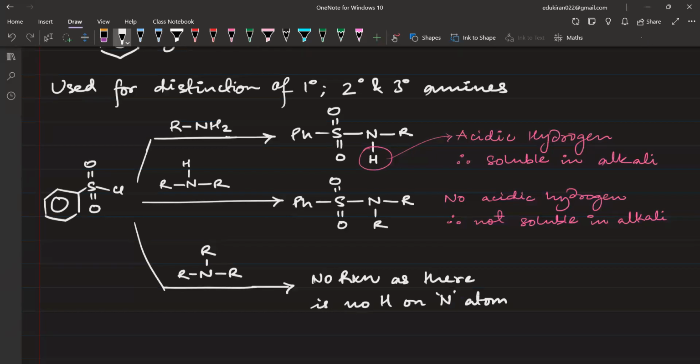All of you got this? Yes or no? Please tell me. The Hinsberg reagent, the working, how to distinguish, what the differences are between 1 degree, 2 degree and 3 degree? Yes or no, guys? Raise your hand once you're done.